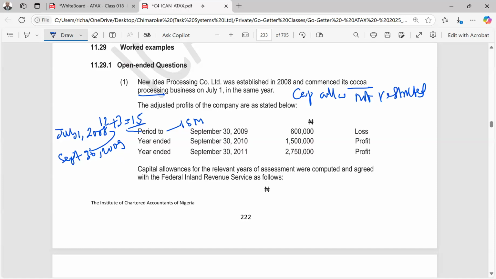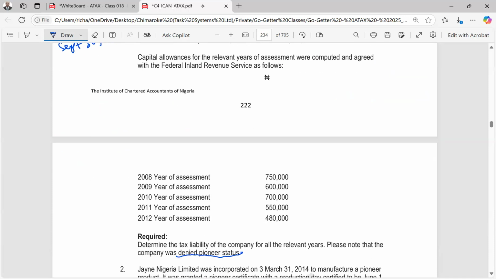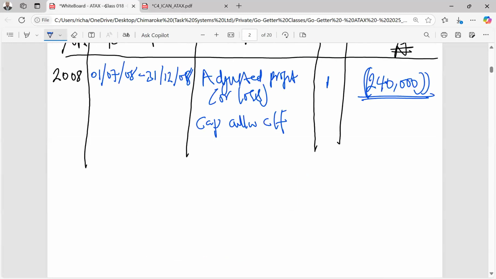That's one thing you should know, because this is a processing company. But we are going to take the capital allowance and take it to the next year. Capital allowance is 750,000, so we'll take it down here, 750,000. So capital allowance is not relieved.